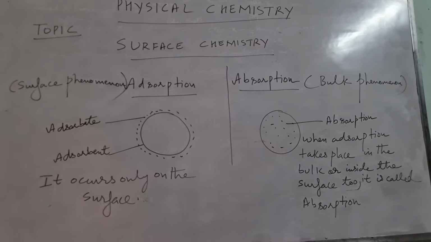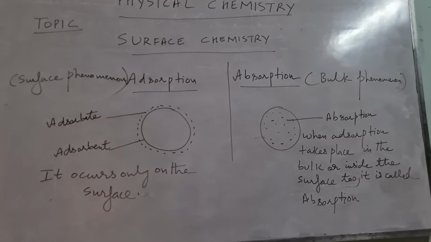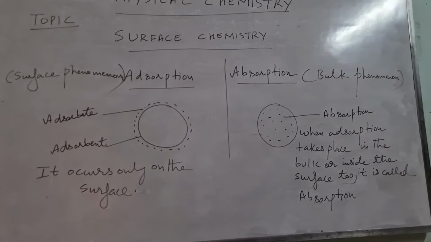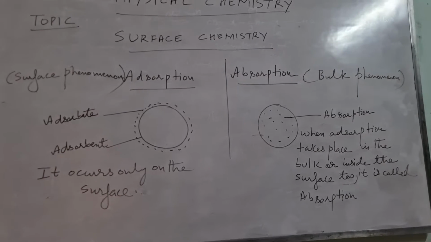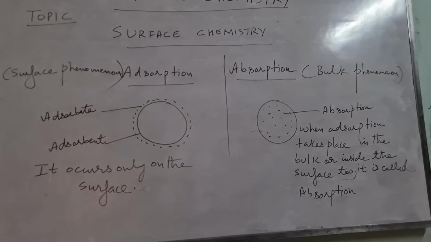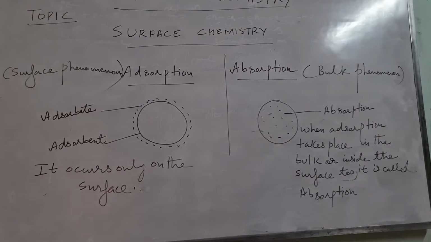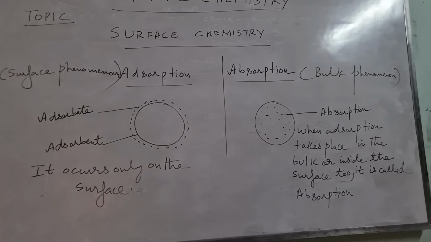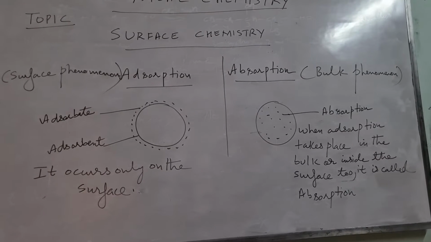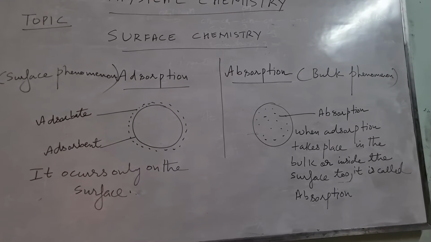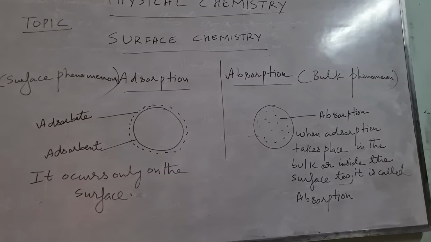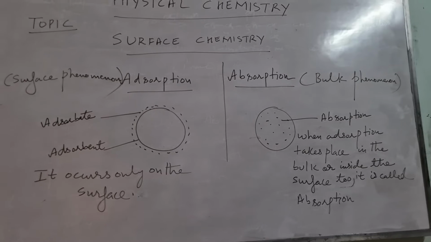It will start leaving the surface. Why does it happen? It happens because as we increase the temperature, the bonds, whether a chemical bond or a simple physical bond between adsorbent and adsorbate, start breaking. When the bond breaks, the adsorbate leaves the surface of the adsorbent.